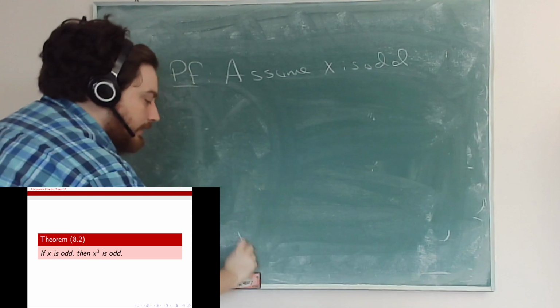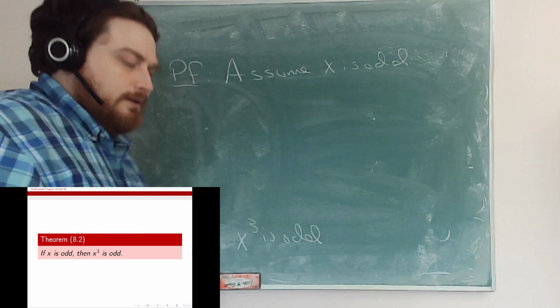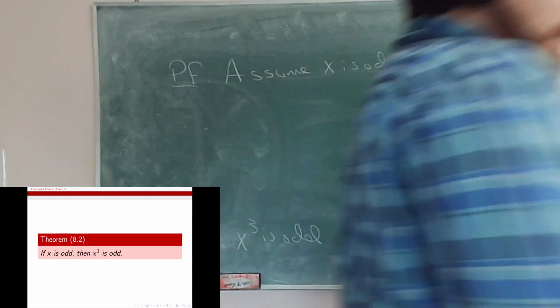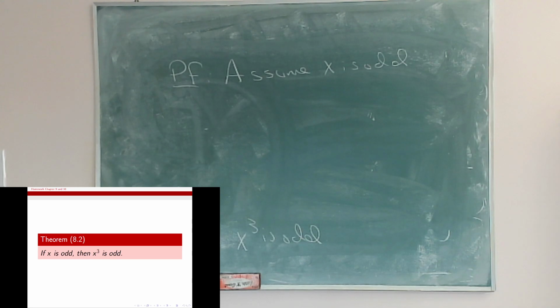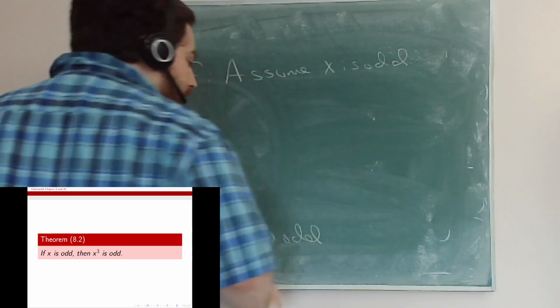We want to show that x cubed is odd. Sorry, I had to take care of something there. So assume x is odd, and I want to show x cubed is odd.